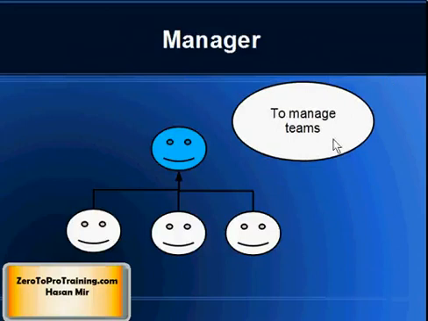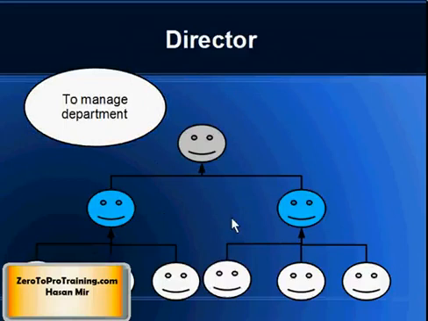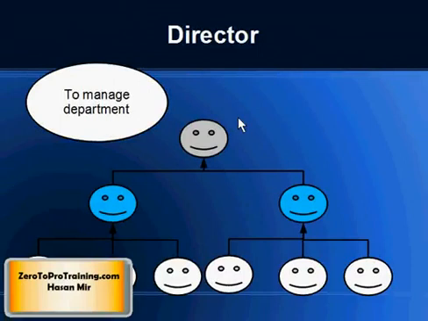But in short, a manager is a person managing the team, and managers are usually reporting to directors, which are usually managing departments, but this is not really a hard and fast rule. Directors usually report to VPs or vice presidents, and vice presidents usually report to presidents, who report to the CEO of the company.